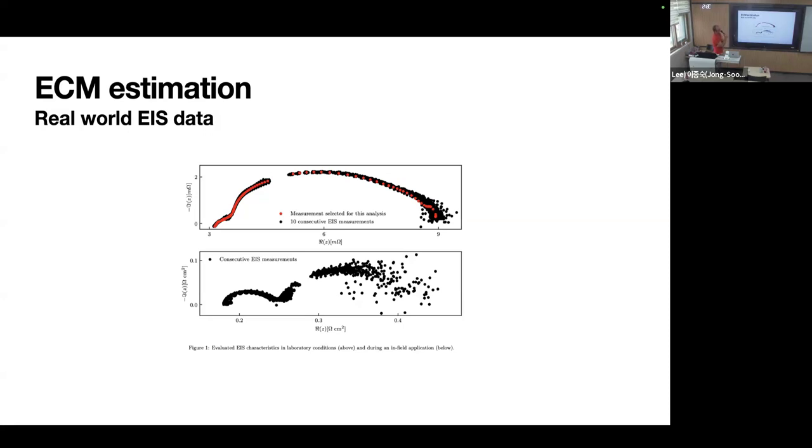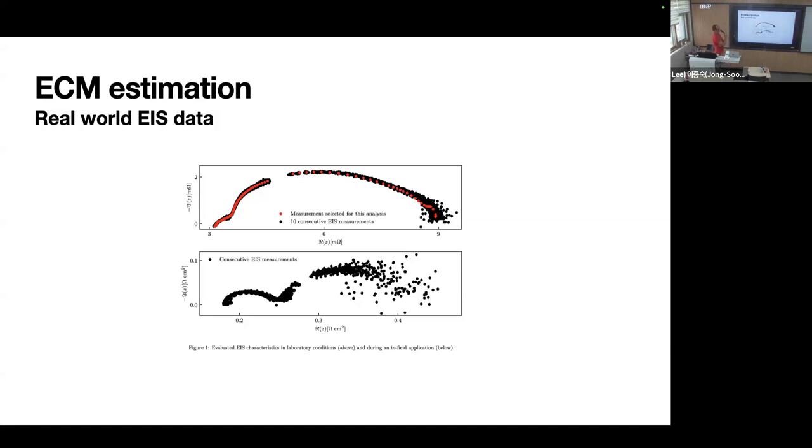Let's say, it's written 10 consecutive ice measurements. And we can see that they wiggle around. And the question is, how much of this wiggling around is noise? And how much of the wiggling around is the actual change of the ice curves?